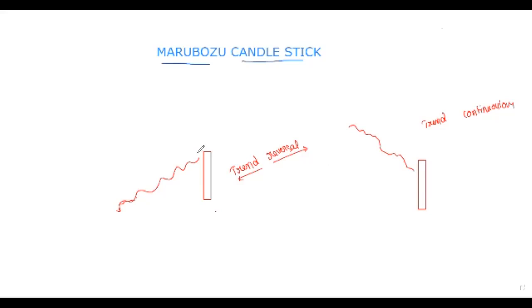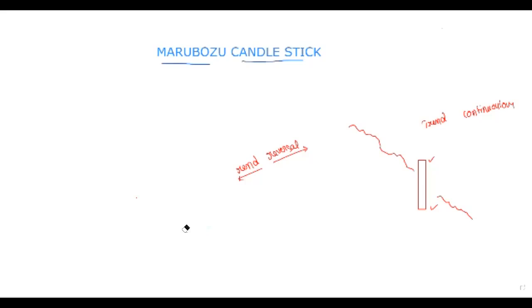In the uptrend, if a bearish Marubozu is forming, it indicates a trend reversal. That means the uptrend is going to end, and a downtrend will start. Here, if the movement is downwards and you observe a bearish Marubozu, it indicates trend continuation. That means further it will move downside.